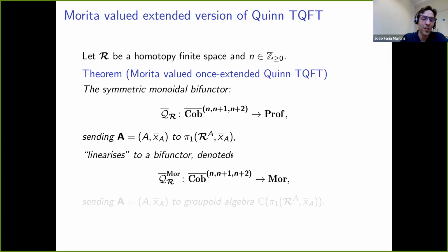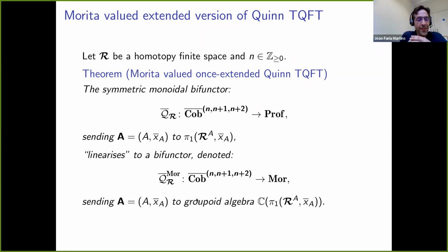So essentially, you start with the groupoids, and you convert each into an algebra by considering its groupoid algebra. And anytime you have a profunctor, you transform it into a bimodule. Some details must be checked, but indeed, you can easily pass from the bicategory of profunctors to the Morita bicategory. Right, and this is our proposal for this Morita valued extended Quinn TQFT.